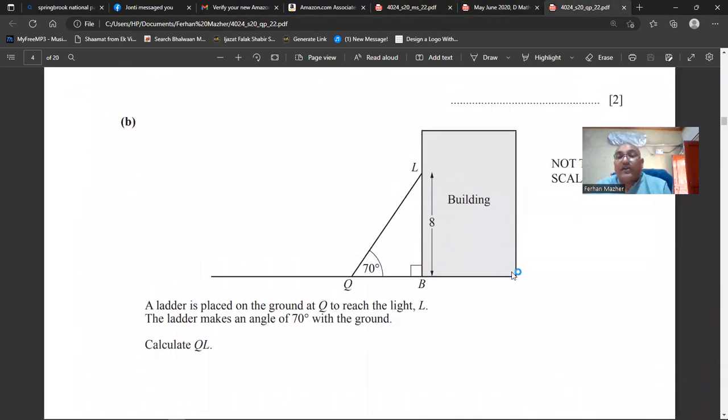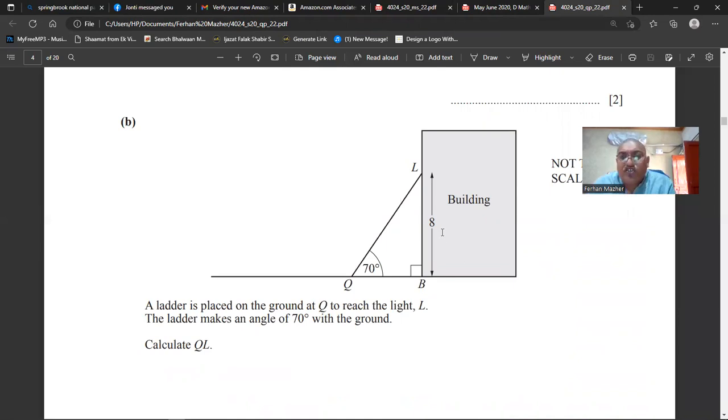Okay, now we are going to the question number 3, its B part. It says a ladder is placed on the ground at Q to reach the light L. The ladder makes an angle of 70 degrees with the ground. Calculate the QL. So consider this as a right angle triangle. I know this perpendicular, or the opposite side, this angle is given, and they want me to find out the QL, which is the hypotenuse.